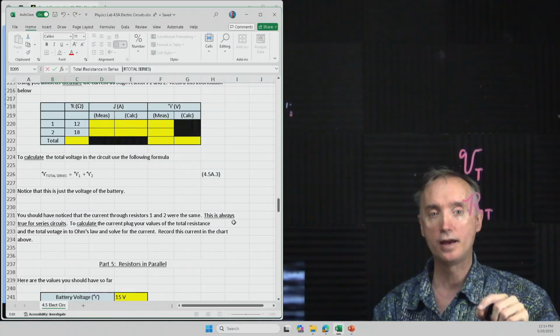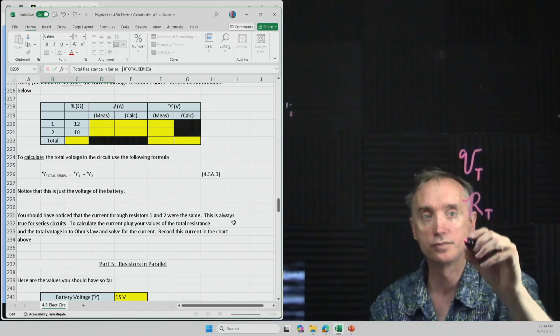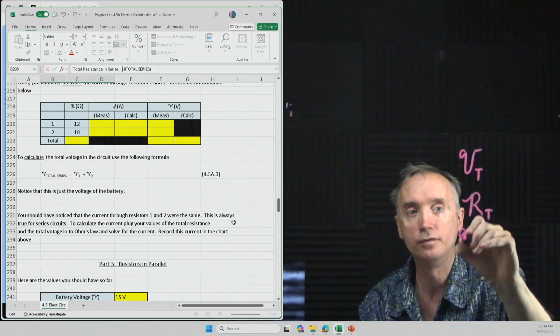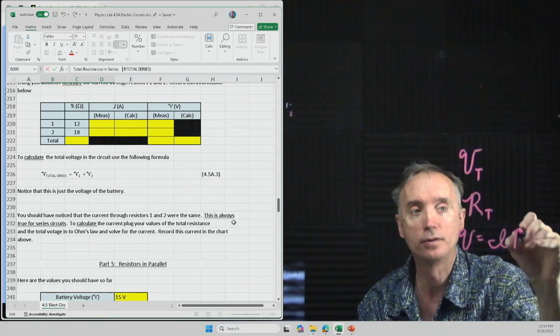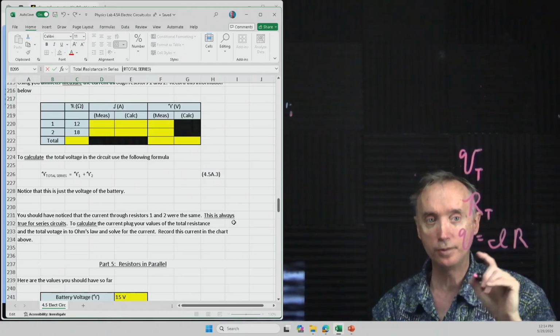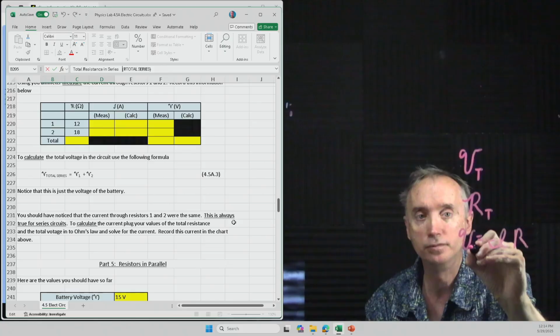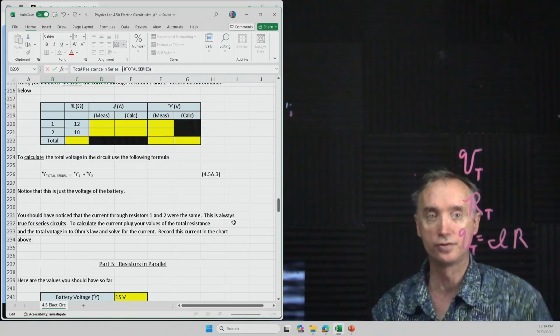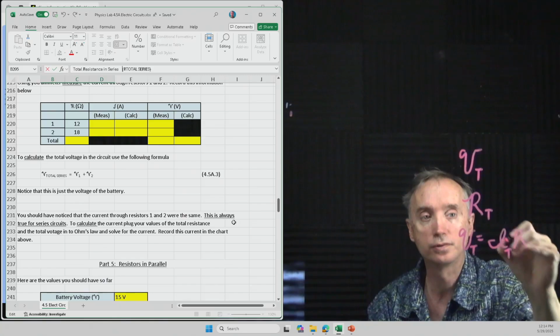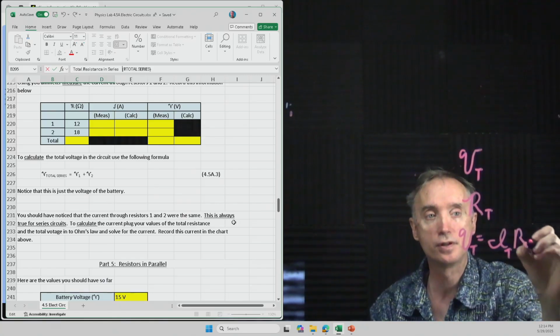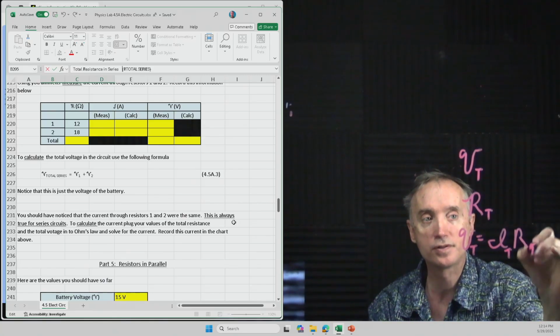We also have Ohm's law. So let's write out Ohm's law. V equals IR. But I'm going to put a T for total: the total voltage has to equal the total current times the total resistance.